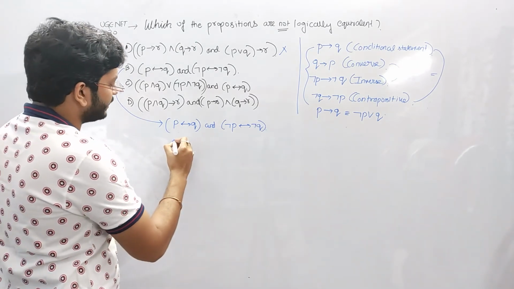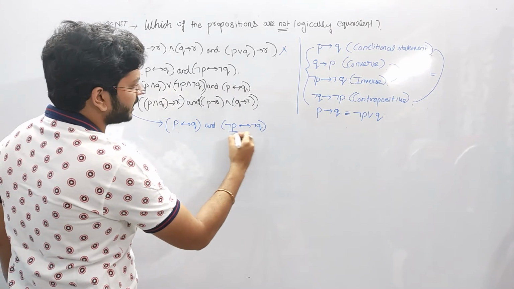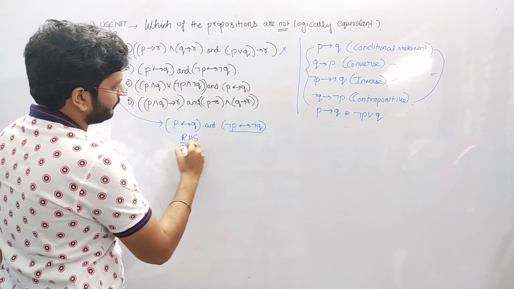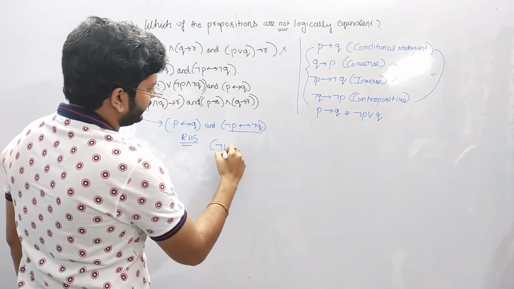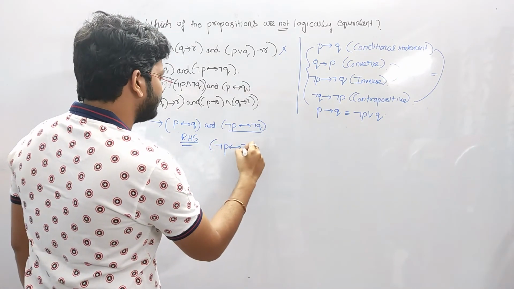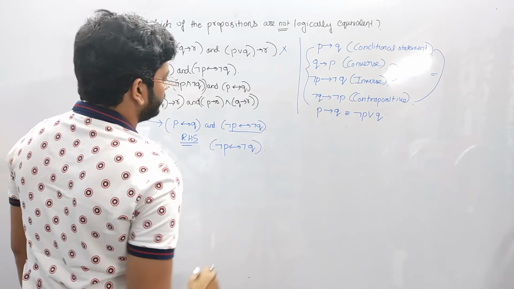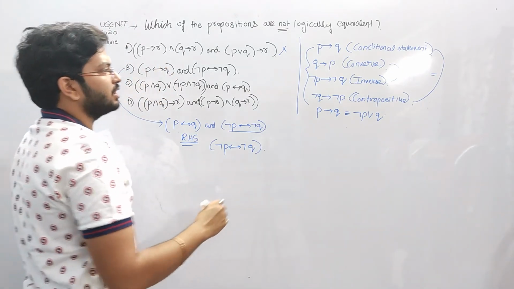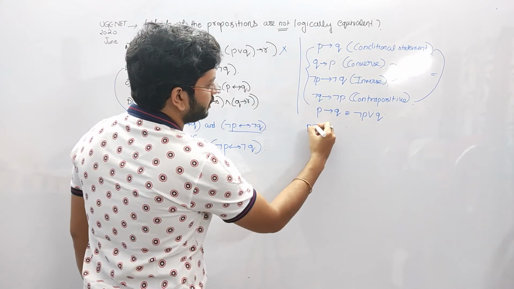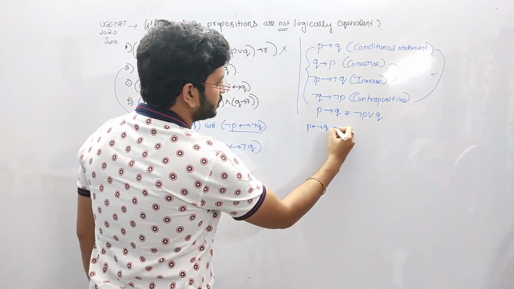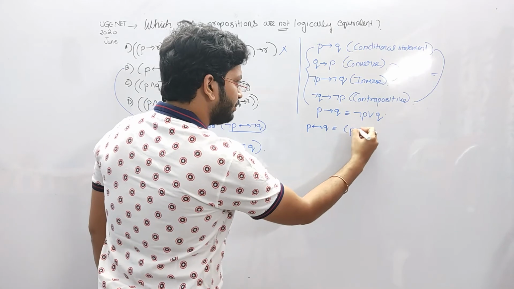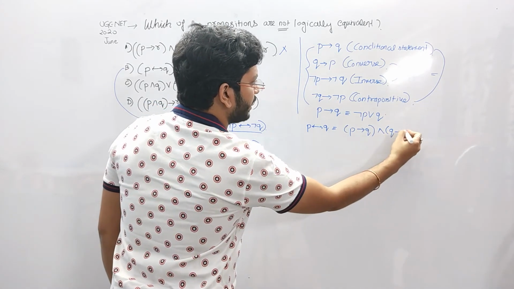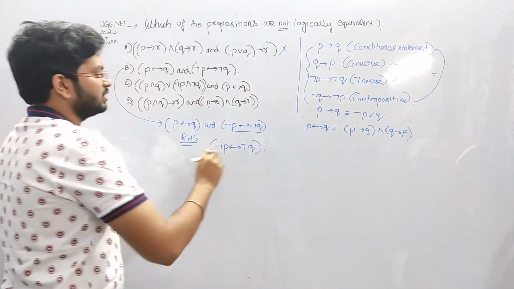Now I am starting from the RHS. In the RHS I have negation P double implies negation Q. So we have another formula, biconditional, which is P double implies Q is logically equivalent to P implies Q and Q implies P. We will be using this formula here.